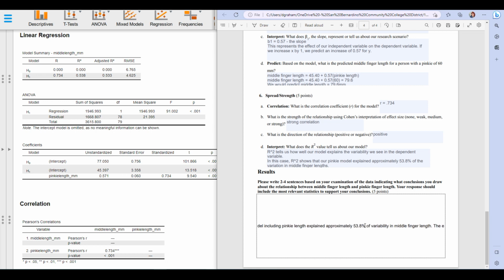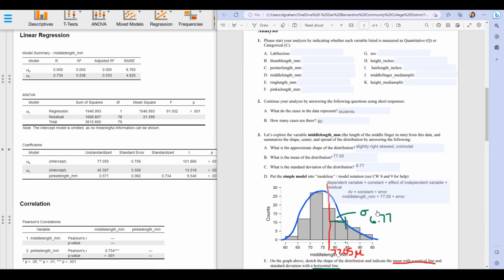So the equation for predicting middle finger length based on pinky finger length is y equals 45.40 plus 0.57x. You might also include the mean and standard deviation.